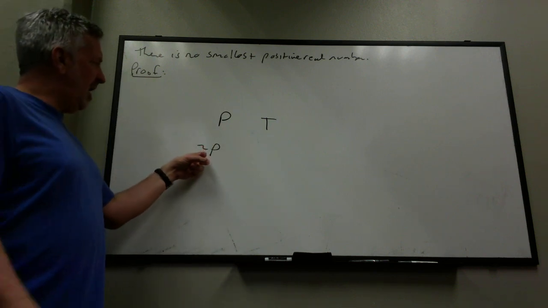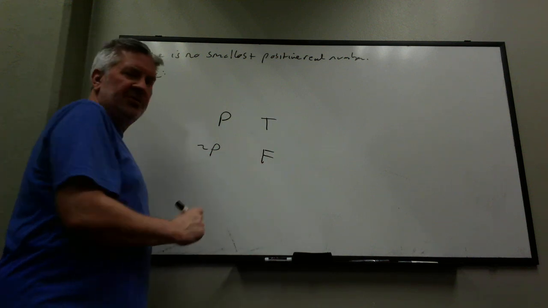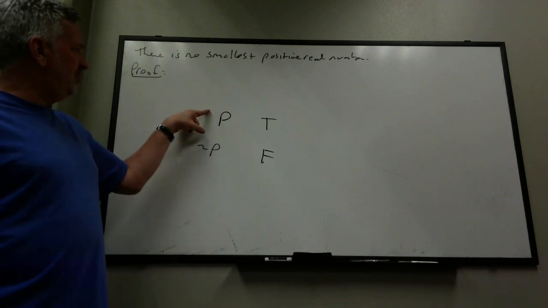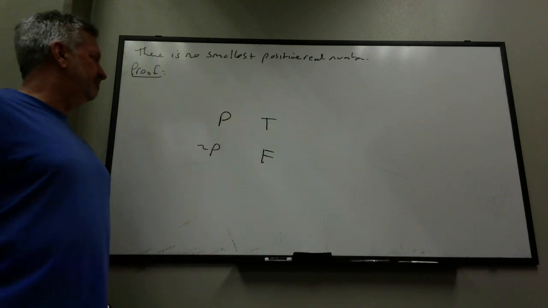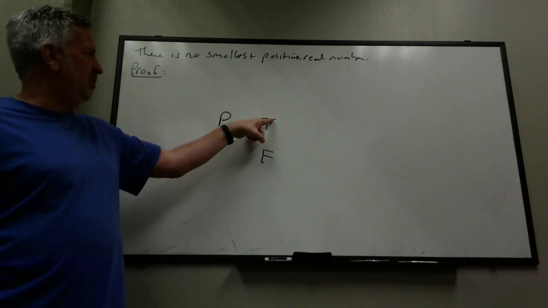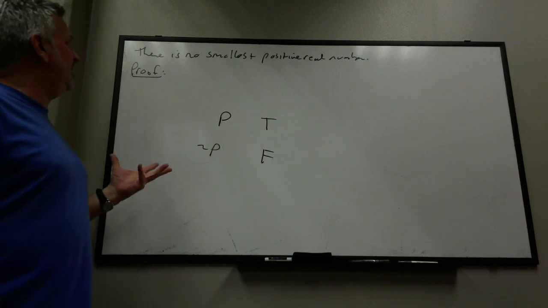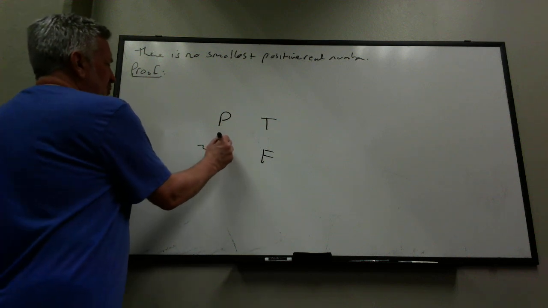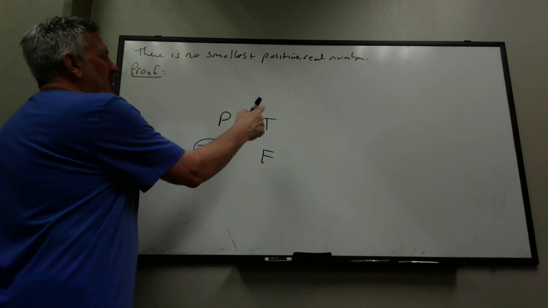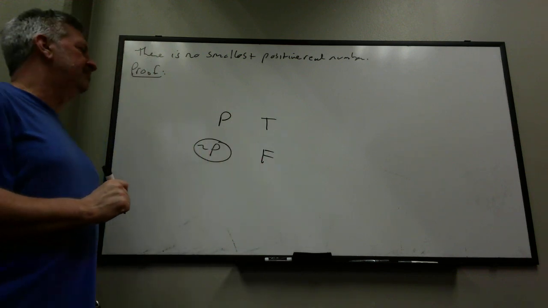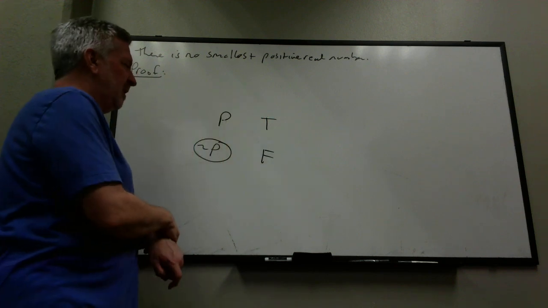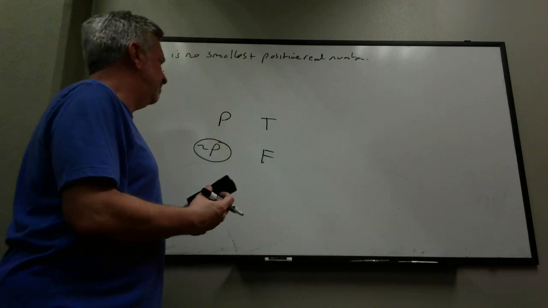If you show not P is false, that means P is true, okay? So that's the idea behind proof by contradiction. You assume the negation of the original statement, show that that has to be false, okay? So if the negation of P is false, that means the original statement is true. So it's just another method of proof.